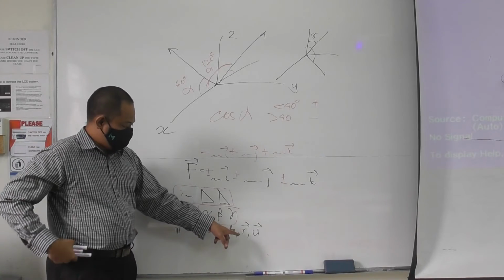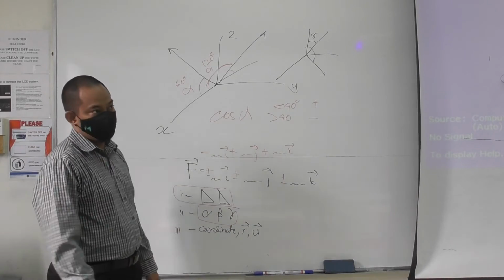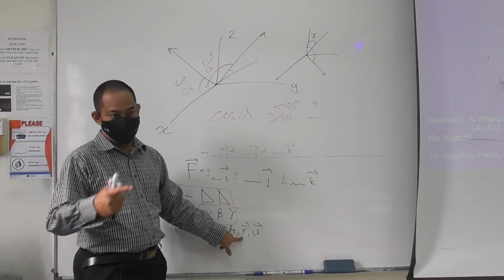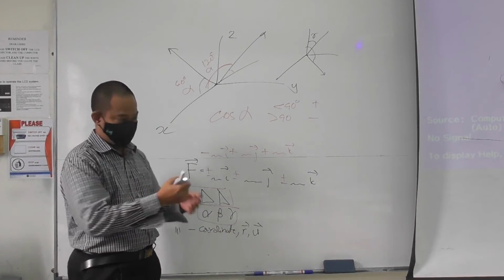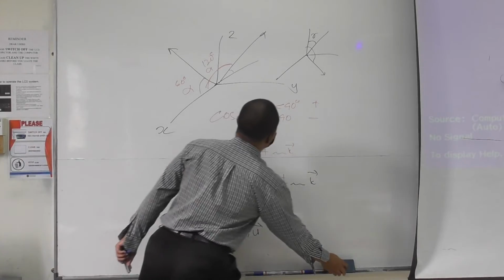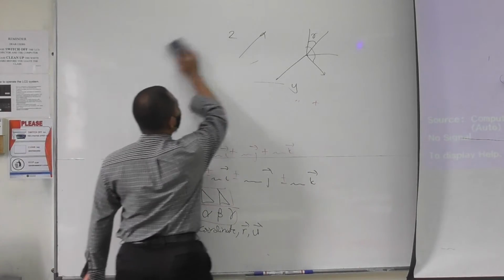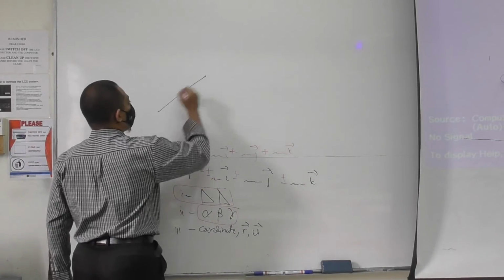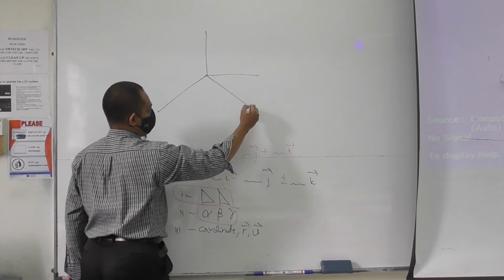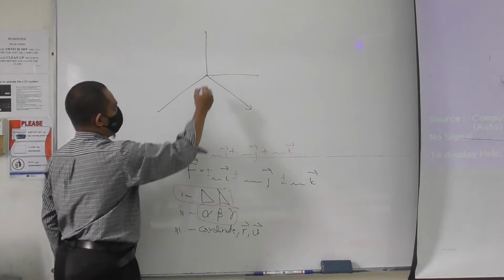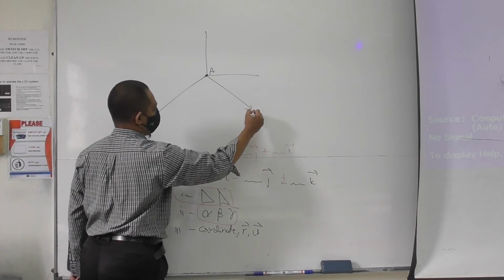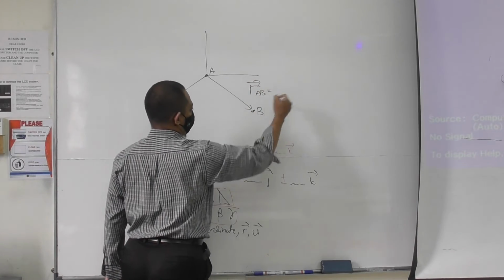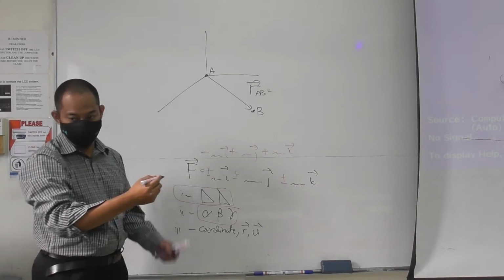For coordinates, the position vector and unit vector, when you calculate the position vector, it's already something minus something. If the force is something like this, and this is point A and this is point B, for example, then when you calculate r_AB, it is basically coordinate B minus coordinate A, right?